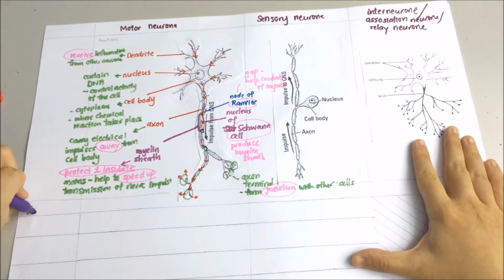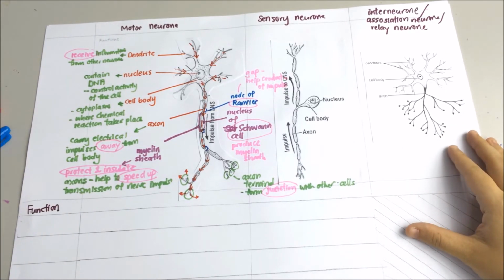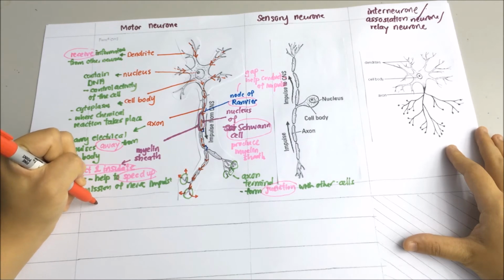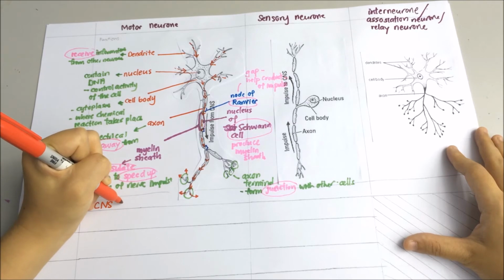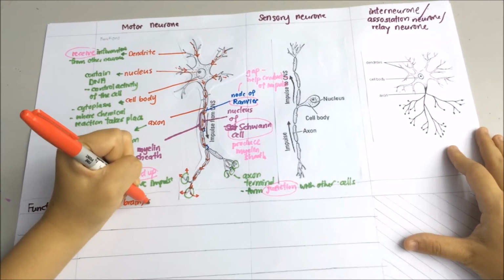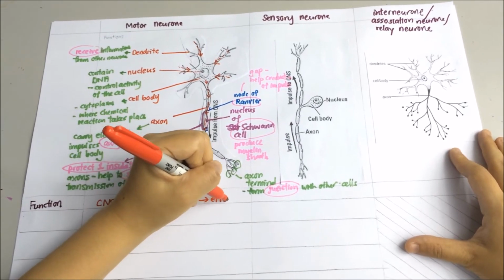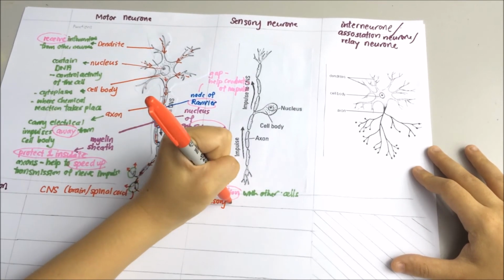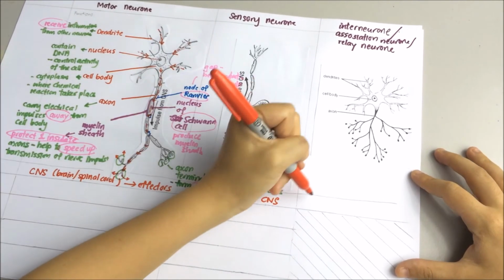The first concept that you have to grasp is the difference in function. The motor neuron is also known as the efferent neuron. It conducts nerve impulses from the central nervous system, which is our brain and spinal cord, to the effectors, while the sensory neuron works the other way around.